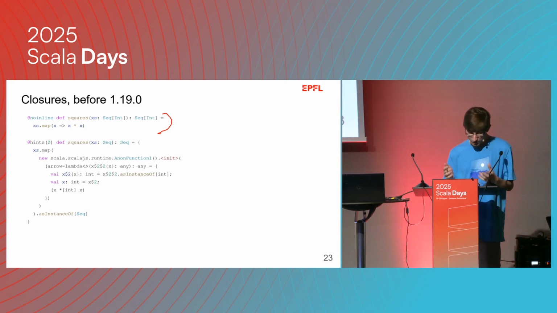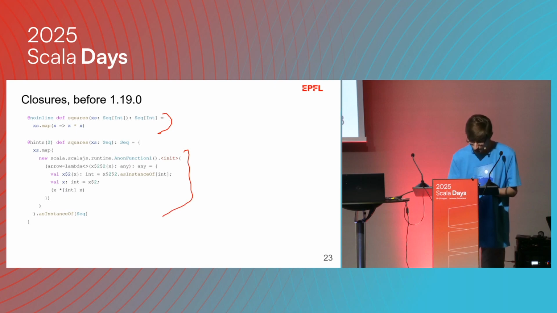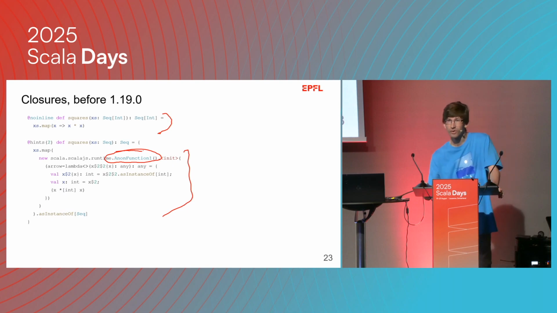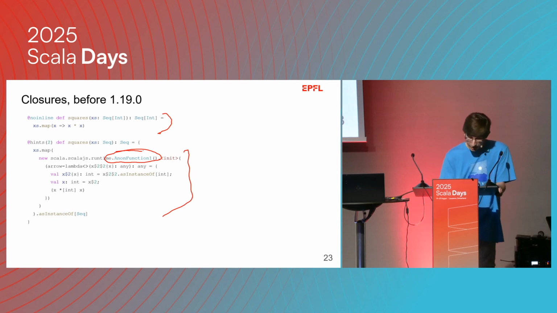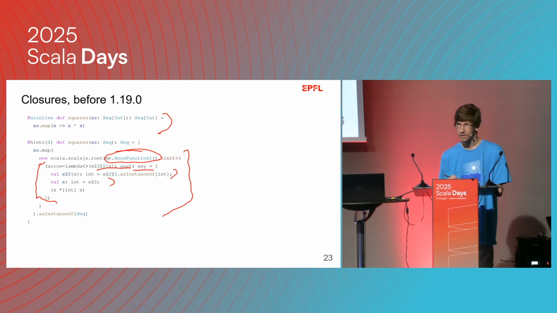But if you compile it with JS, the IR you got was this thing, where we instantiate a unique AnonFunction1 class that takes as an argument to its constructor a JS lambda that does the thing. So this arrow lambda here is a JS closure in our IR that takes an any, returns an any, unboxes, computes, and boxes at the end, right?